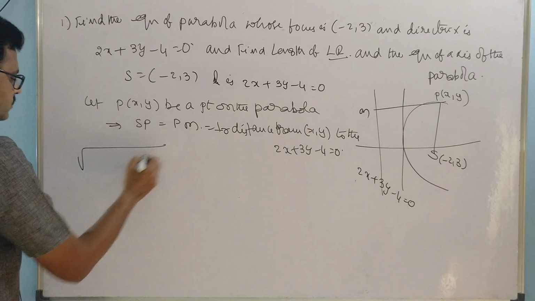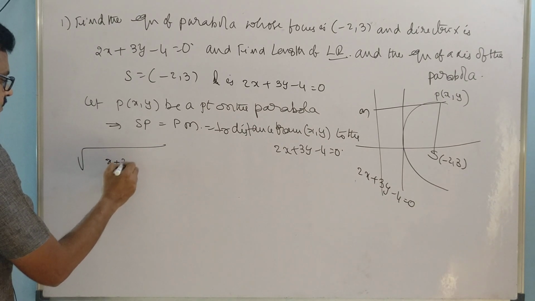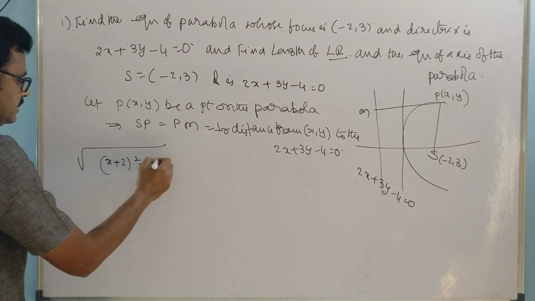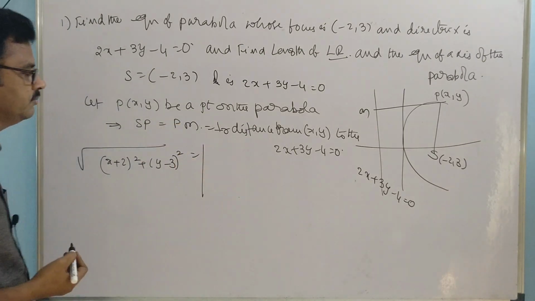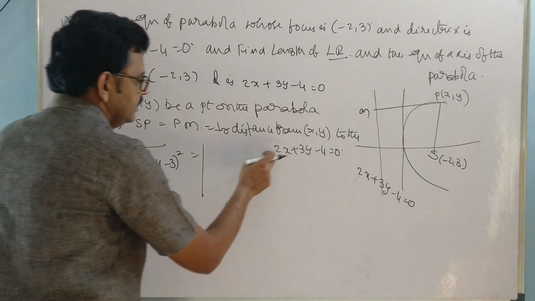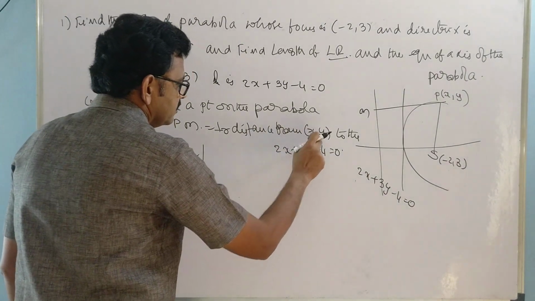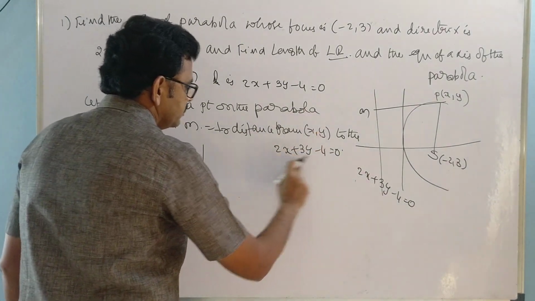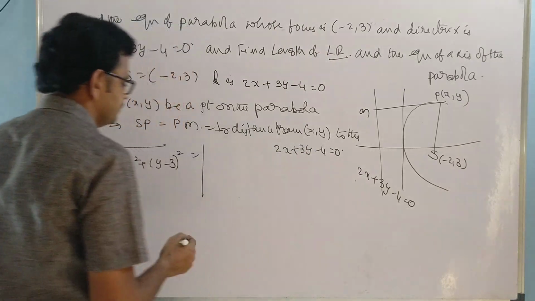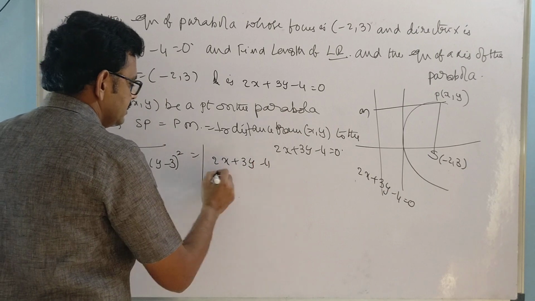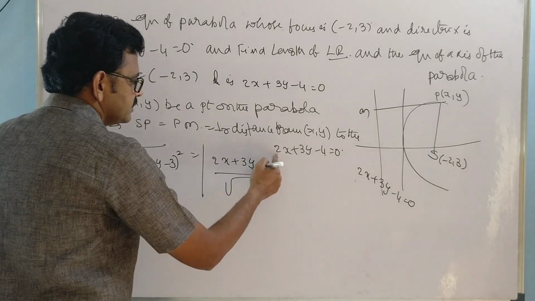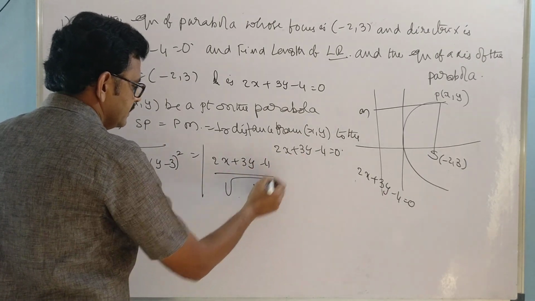So this is the square root of (x + 2)² + (y - 3)², which equals the length of the perpendicular, |ax1 + by1 + c| by root of a² + b², that is (2x + 3y - 4) by root of (4 + 9) = root 13.